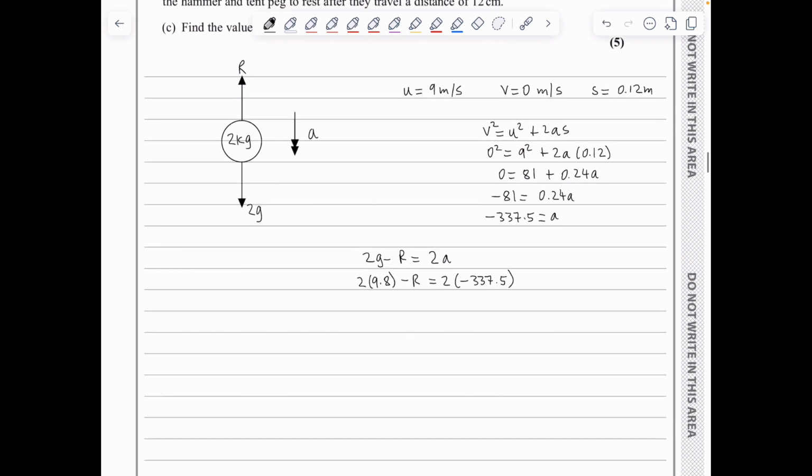This leads to 19.6 minus R is equal to minus 675. If I collect the numbers on the left hand side, I get 694.6 for the value of R. Obviously, if I leave this as my final answer, I will be penalized because it is at 4 significant figures. We need to be giving answers to 2 or 3 significant figures because we have used g to be 9.8. So my final answer for R will be 695.